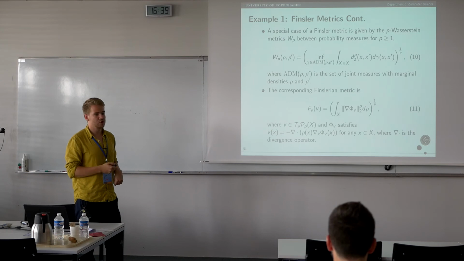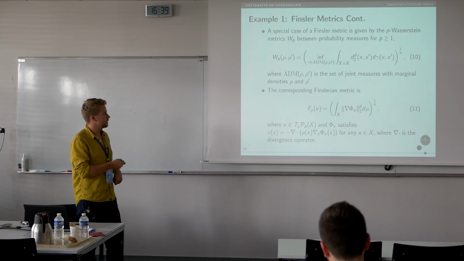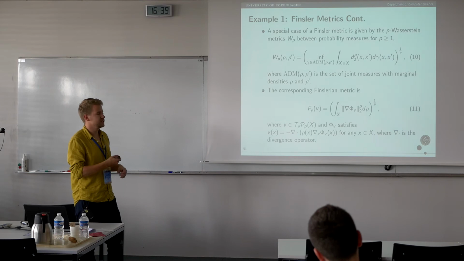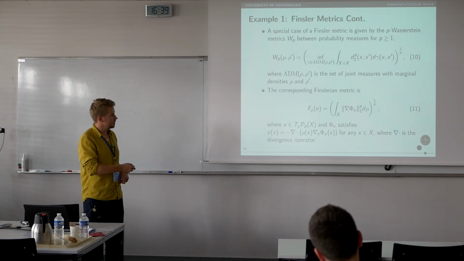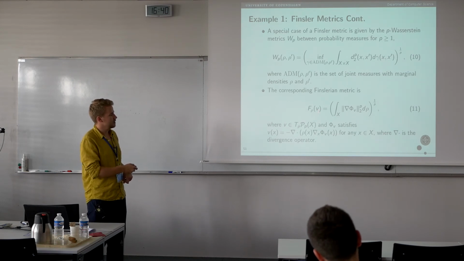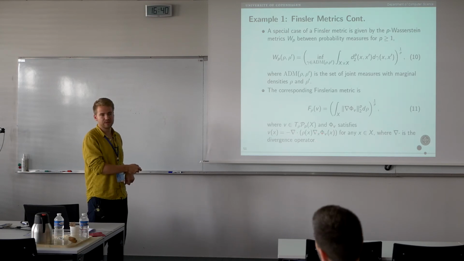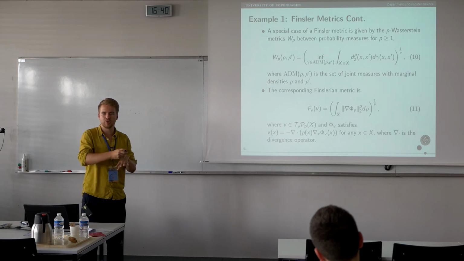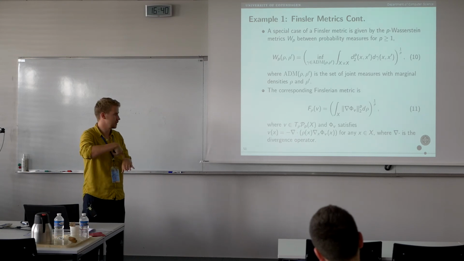And then it has been shown by Ambrosio and Gigli that this actually corresponds to, or is induced by, a Finslerian metric given by this expression here. So here you have to notice that when you take the Finslerian metric at V, it acts through this phi function here, where this phi function has to satisfy the continuity equation, where rho x is the point on the manifold whose tangent space we're working in.